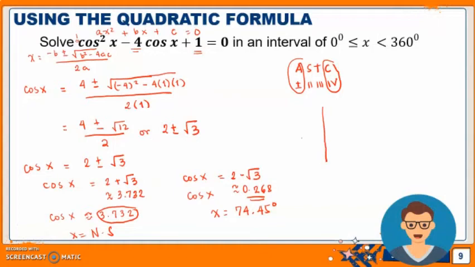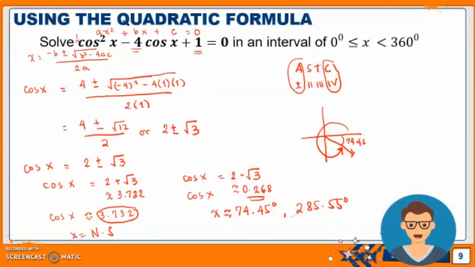Thus, we will use the concept of reference angle. The reference angle of that one is 74.45. And then we'll get the whole angle. Thus, it is paired with 285.55 degrees.